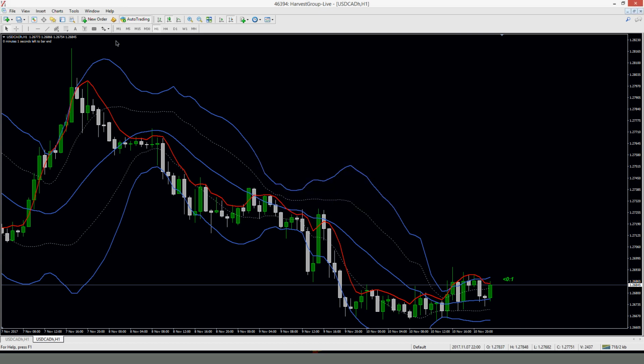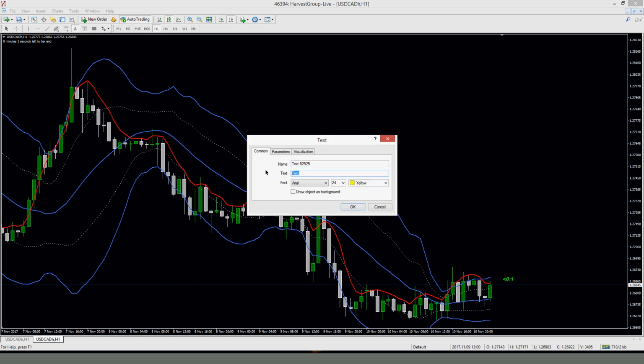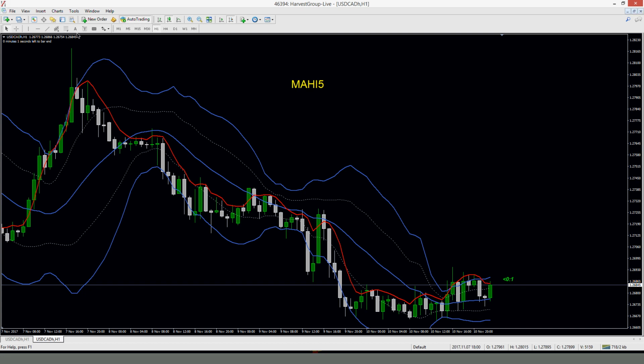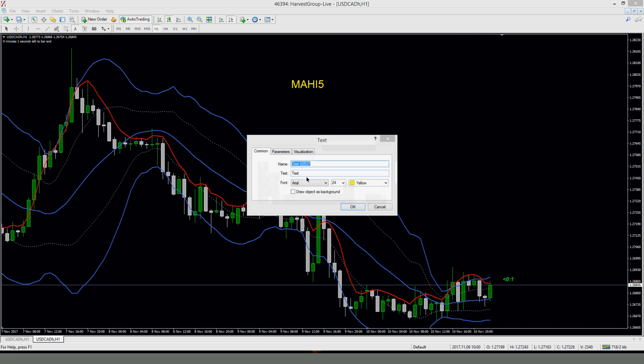What we need to understand about MA5 high is that there are two functions for this.